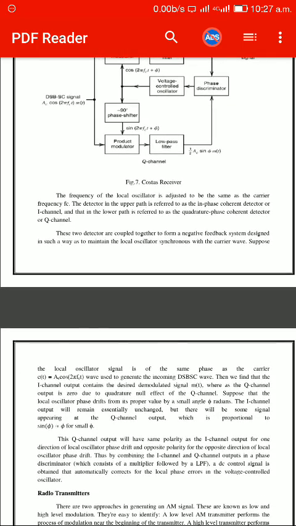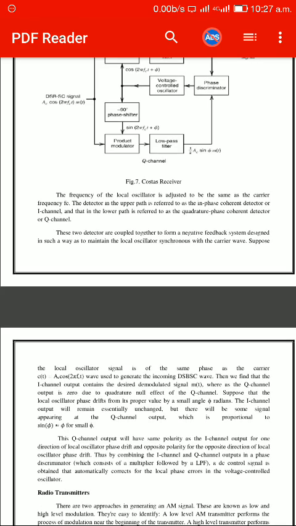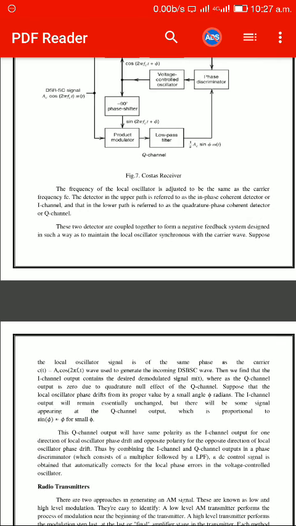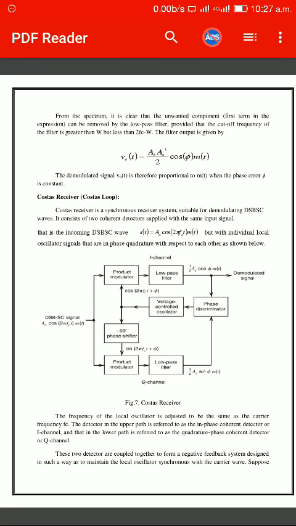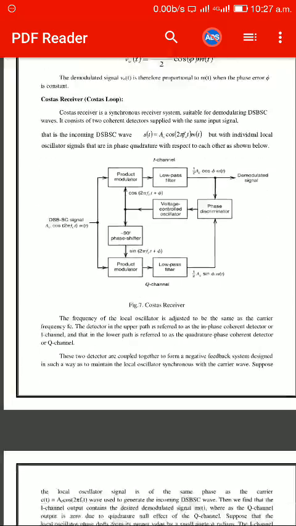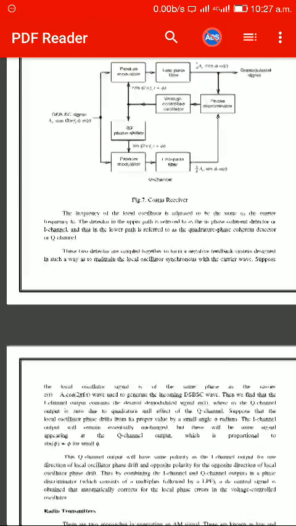That constant DC signal controls the local phase error in the voltage controlled oscillator. Whatever DC control signal is obtained automatically corrects the voltage controlled oscillator.